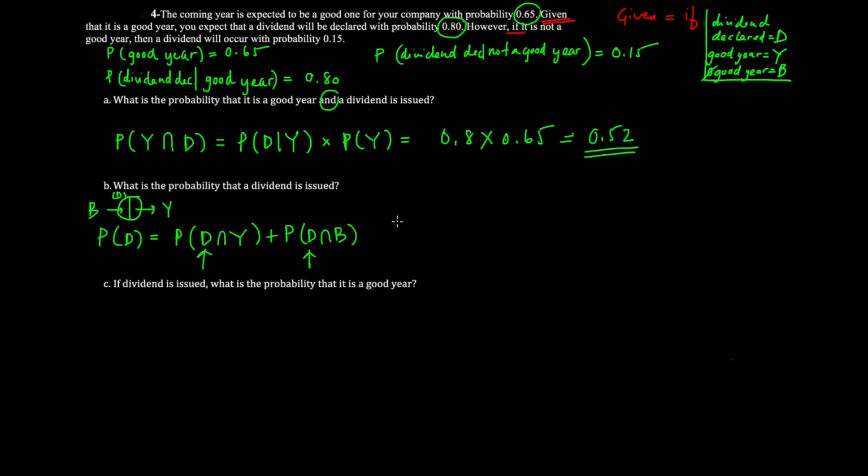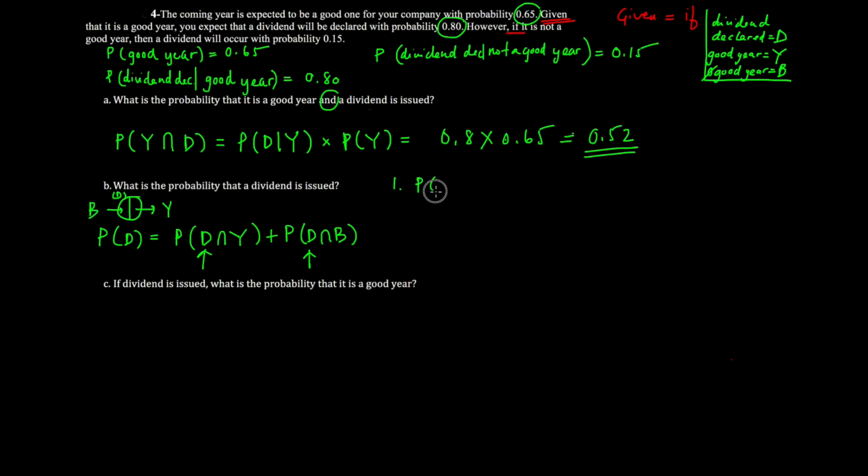So let's start with this one right here. Since we already have this one, we have it right here at the top in part A at 0.52, right? So we need to isolate for D and a bad year. So let's start with that.